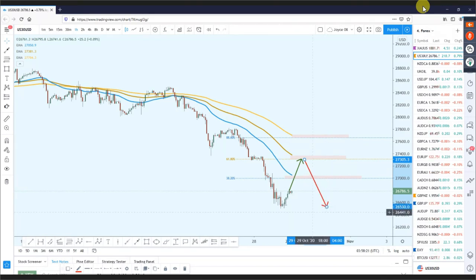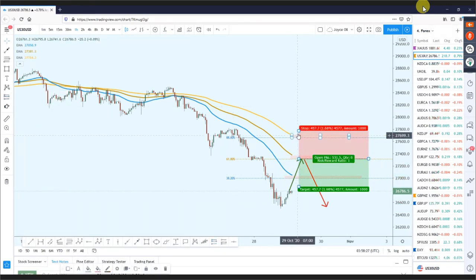So take profit will be right there. This will be a short position. Stop loss, take profit here.